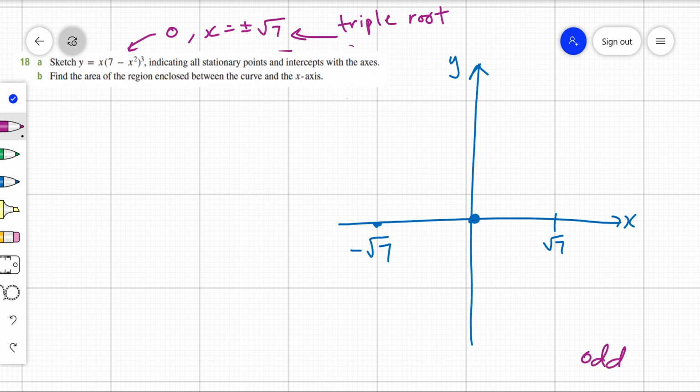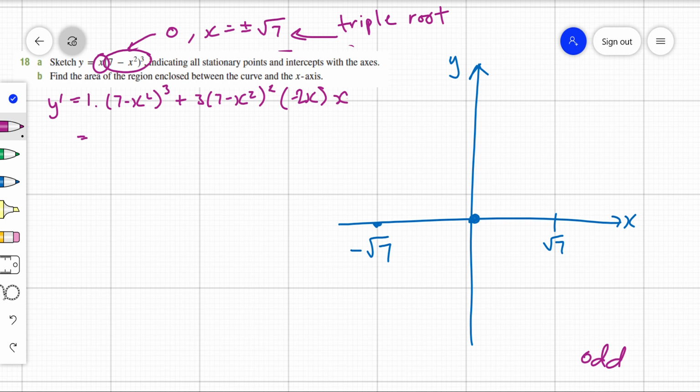And let's have a look at y dash then. So if I do y dash using u and v, u dash would be 1 times (7 minus x squared) cubed, plus, now differentiate the second, so we're going to have 3 (7 minus x squared) to the power of 2. We're going inside the bracket, chain rule, you've got minus 2x, and then we're timesing by the first, the u, which is x.